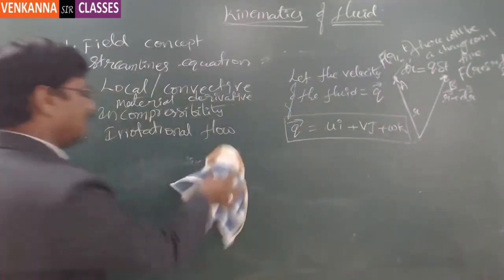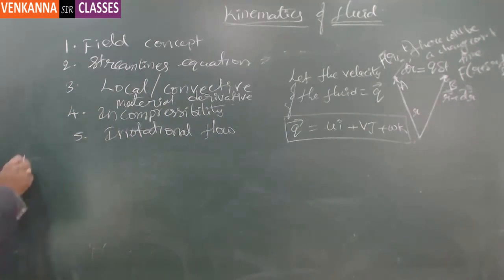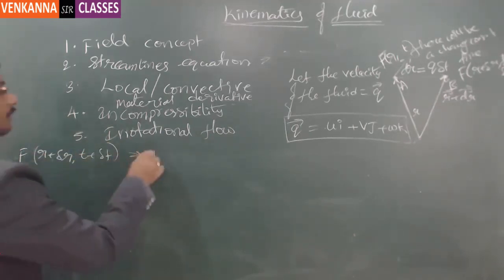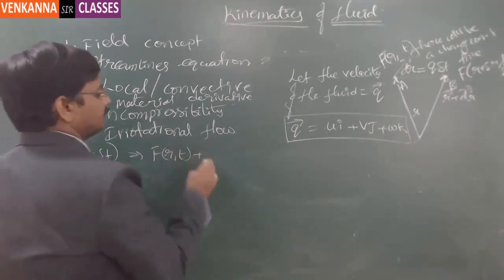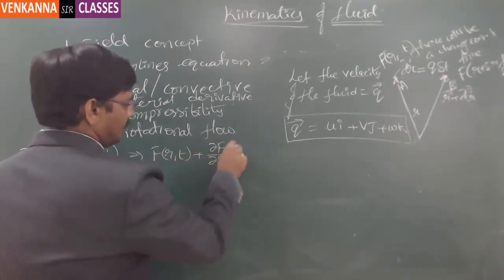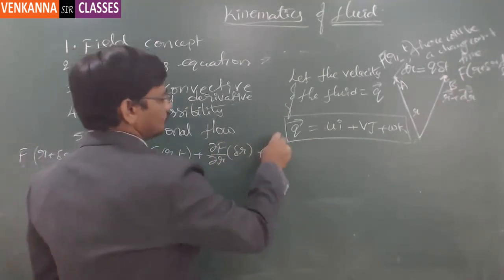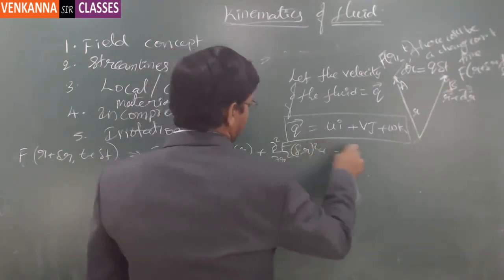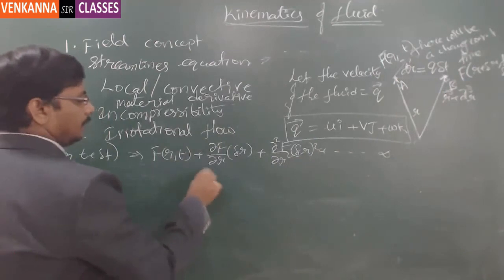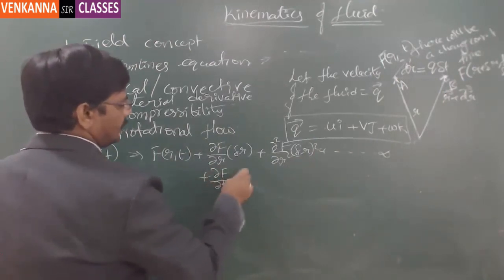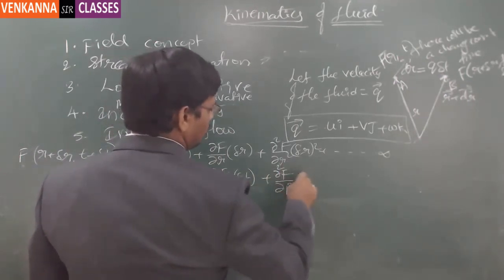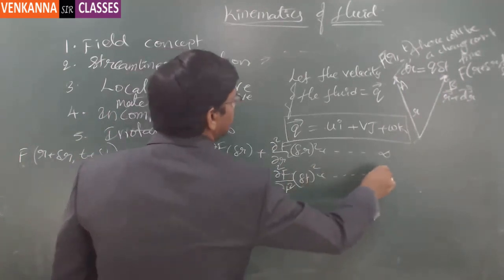Now if we expand with the help of Taylor's expansion, f of r plus delta r comma t plus delta t can be written as f of r comma t plus dou f by dou r into delta r plus dou square f by dou r square into delta r whole square plus dash dash dash up to infinite, and then plus dou f by dou t into delta t plus dou square f by dou t square into delta t whole square plus dash dash dash infinite.